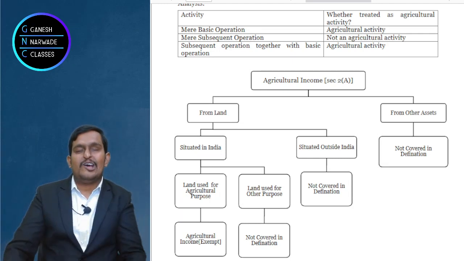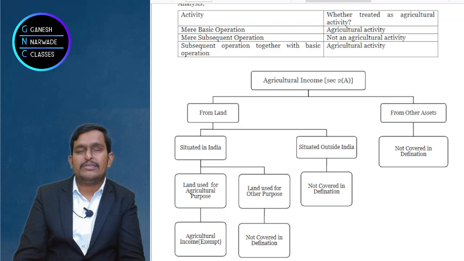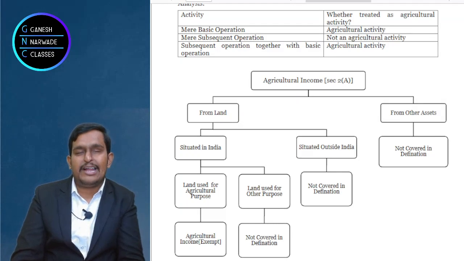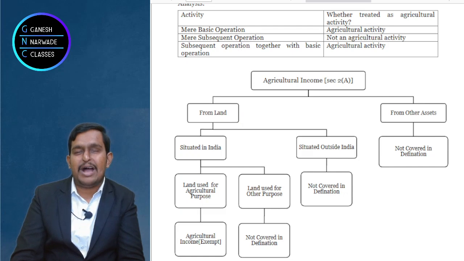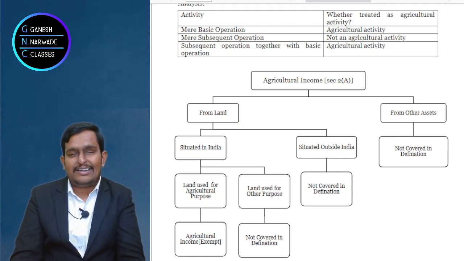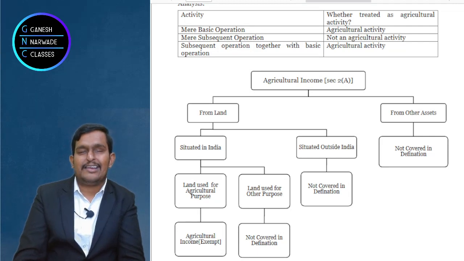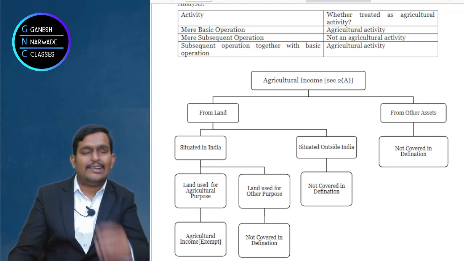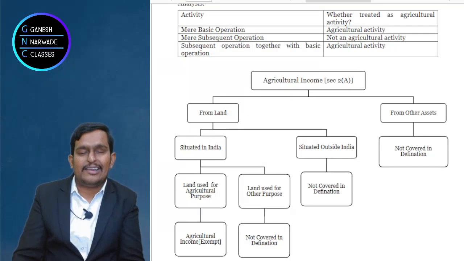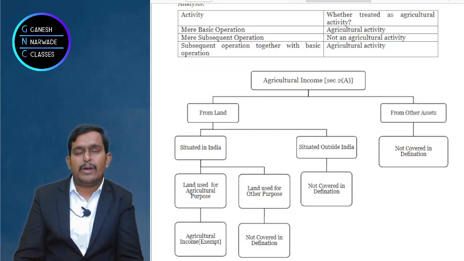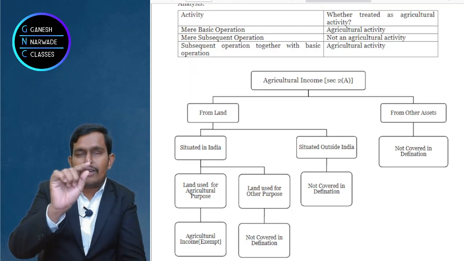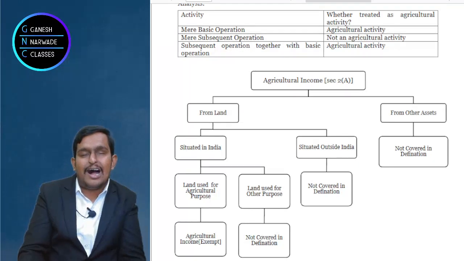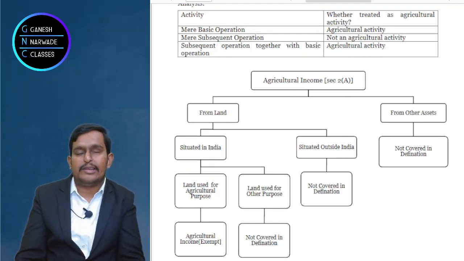If you are sitting with your friend and your farms are in Sri Lanka, don't tell them that श्रीलंका में farms हैं but वो agriculture नहीं है. Never tell your friends that. Practically in real life it is agricultural income, whether you do it in India, Sri Lanka, Zambia or any other country. But for income tax purposes, agricultural income is agricultural income from land in India. That's what the chart wanted to convey.